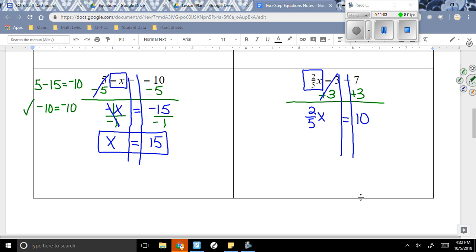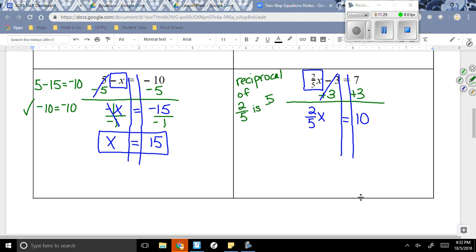Now, if I have a fraction here, I need to multiply by the reciprocal to get rid of that fraction. So let's remind ourselves what reciprocal means. The reciprocal of any fraction, so write this down up in that box, reciprocal, so of 2/5, all that we need to do is flip it upside down.